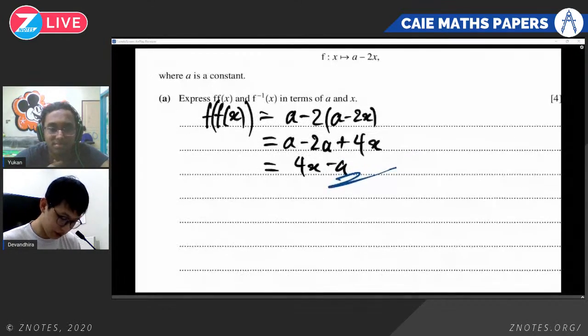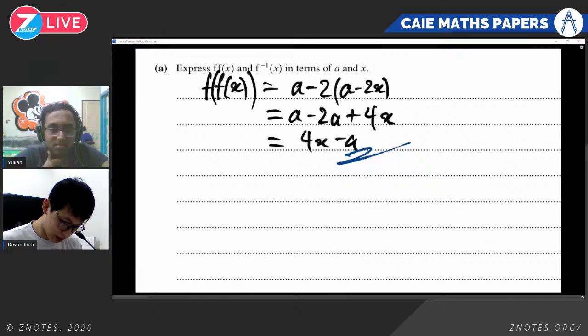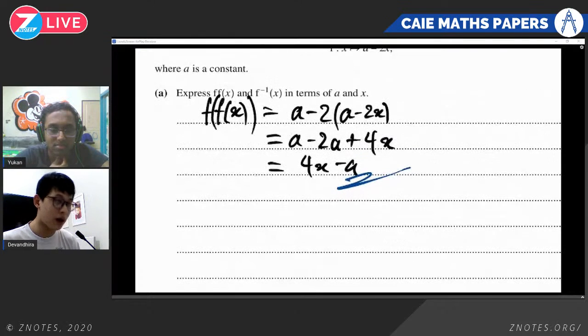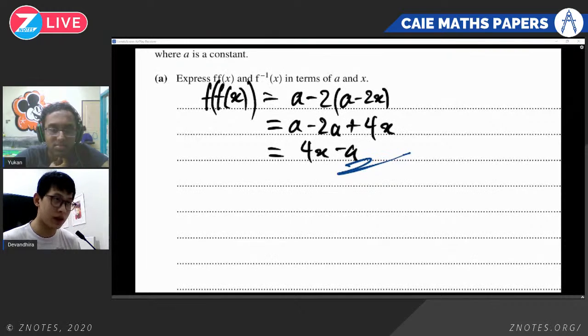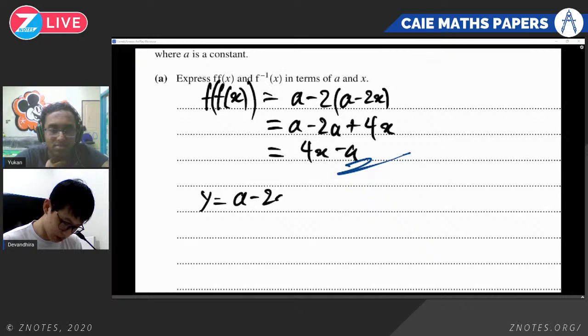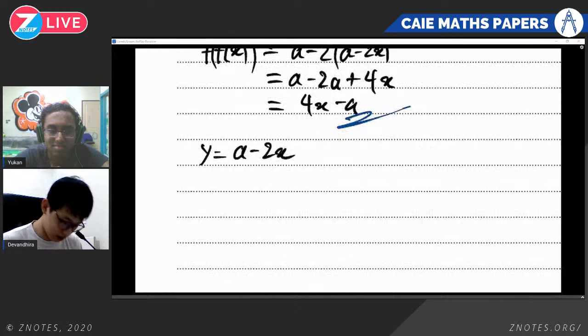Now let's find f inverse. In order to find f inverse, my method at least, I would change f of x into y. Just make it into y first: a minus 2x. This should have been f of x, but I changed it to y. After that, I would swap y and x. Literally just swap it.